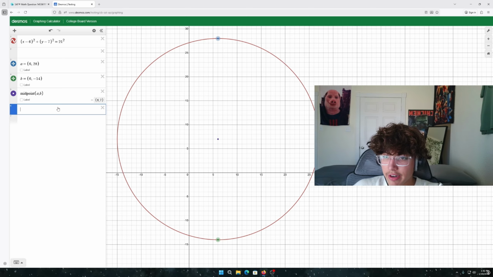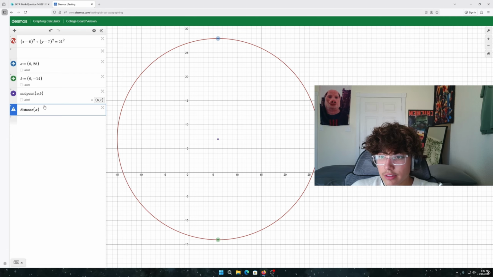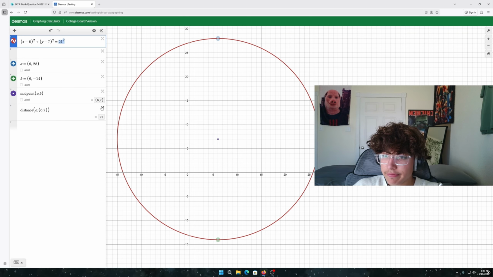And let's say you want to find the radius. You can find the distance from A. Oh, A is already exported here. Distance between A and 6, 7. And it's 21. So the radius is 21. 21 squared right there. That's all you need to know about circles.